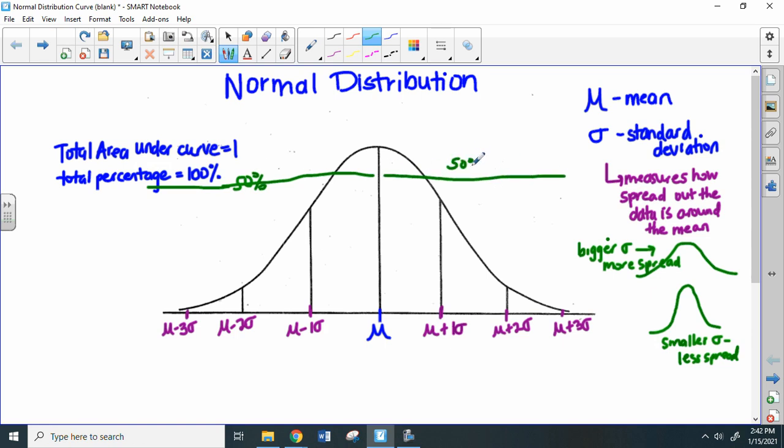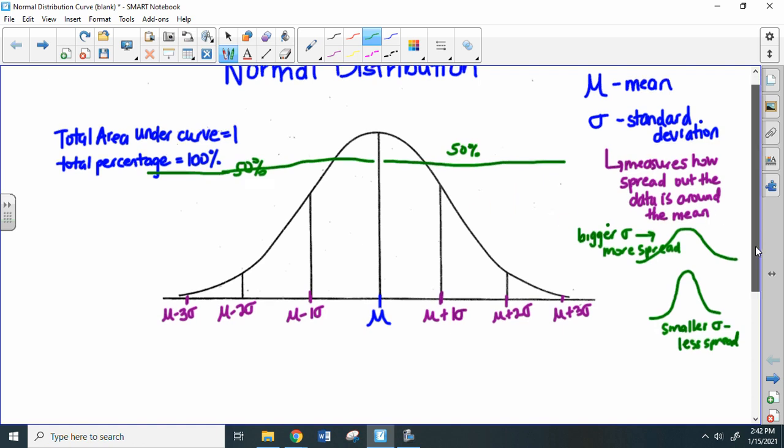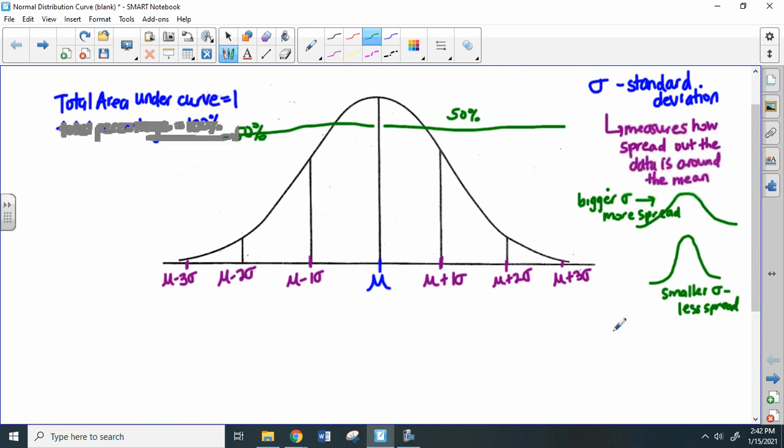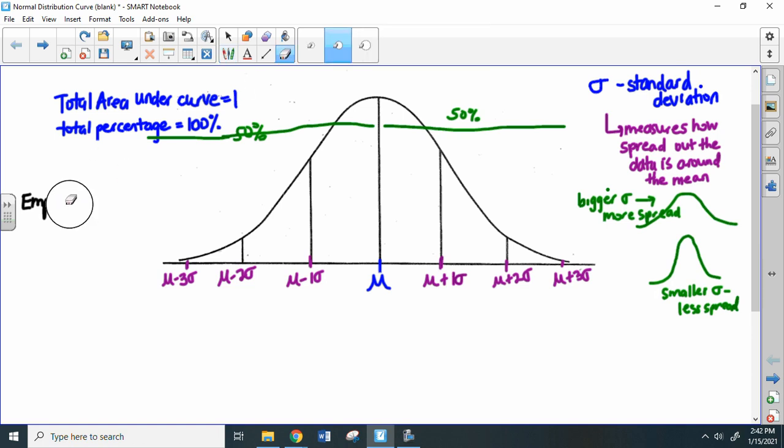Would you agree with that? But we can break it down even smaller by knowing a little more information about normal distribution curves. Normal distribution curves have something you can use to approximate percentages called the empirical rule.